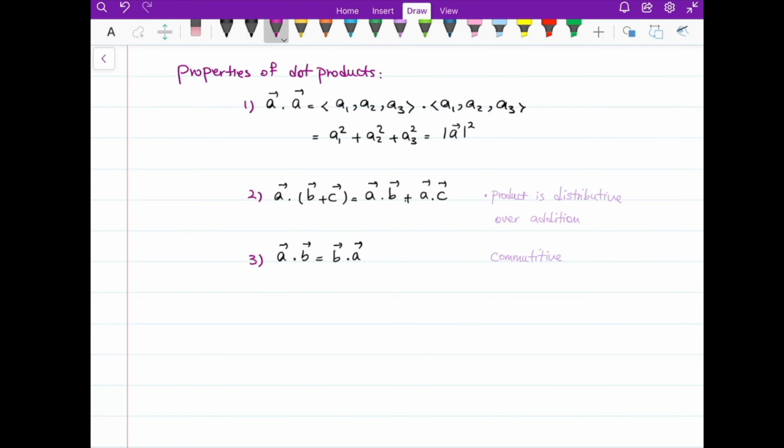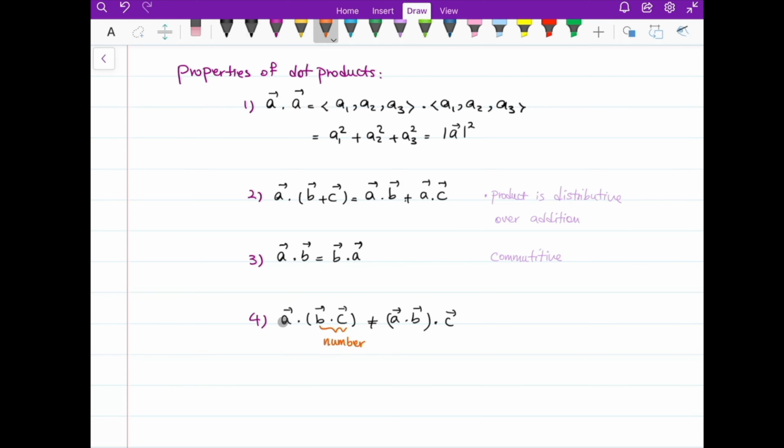And the fourth property is that the dot product is not associative. What it means is that a dot b, dot product with c, is not equal to a dot product with b dot product with c. Why is that? Because b dot c is just a number. It's the dot product, it's a number.